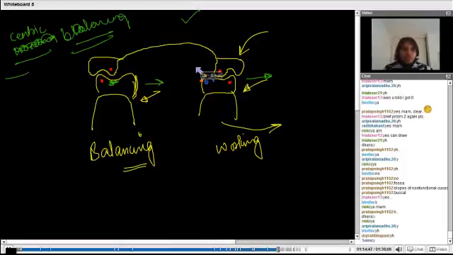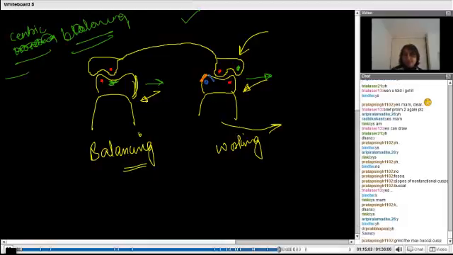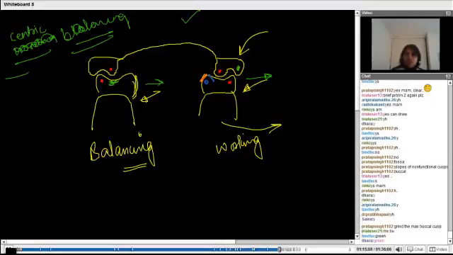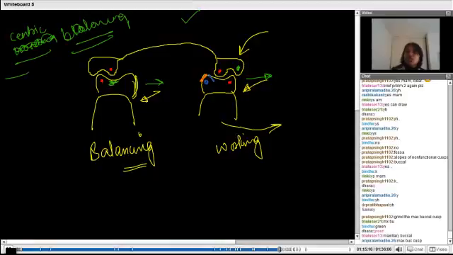Let's draw it in green dot. On the working side, your green dot is contacting your red dot. What do you grind? Yes, you grind the green dot because it is non-functional.